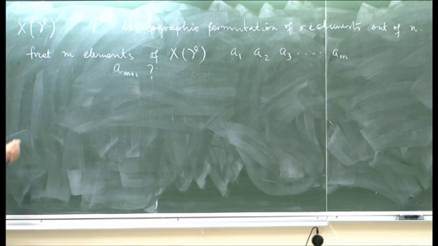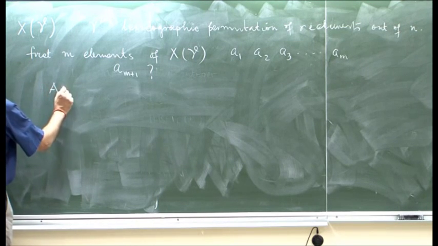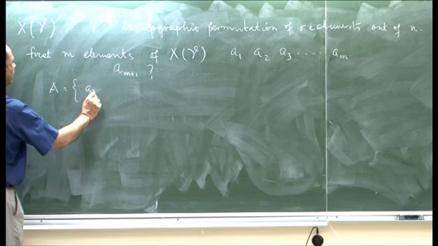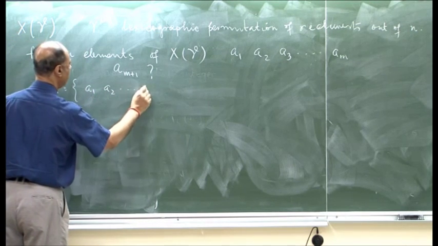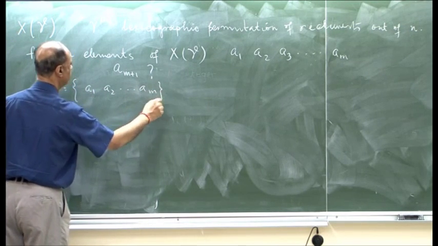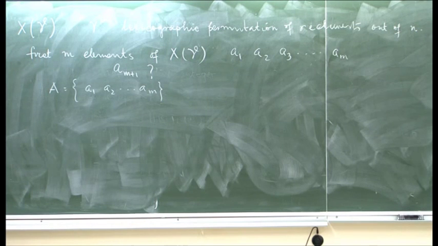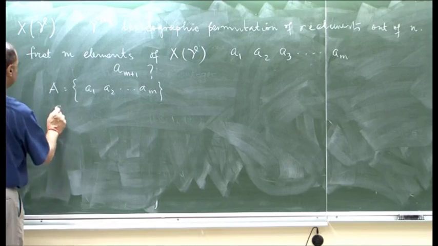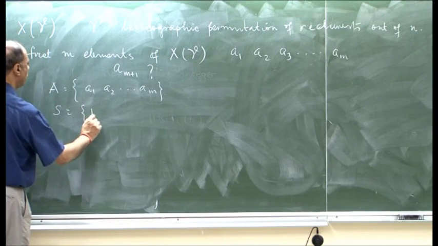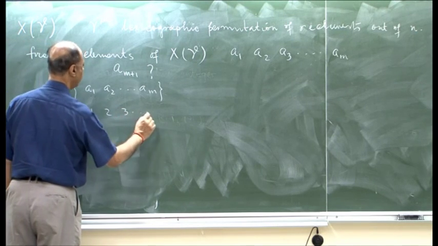Now let A be the set of a1, a2, up to am. Now these permutations are obtained from the first n integers, 1, 2, 3, 4 up to n. Let us assume that S is your set of n integers, 1, 2, up to n.